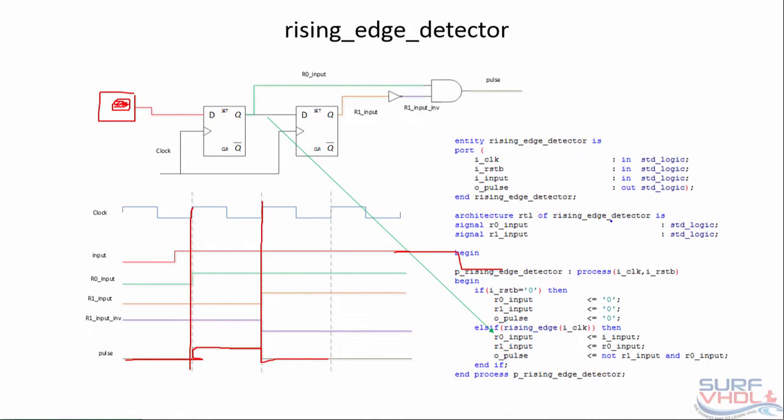And this is the VHDL implementation: R0, R1, and pulse. You should note that the output is the output of a flop. So here in the figure we have to draw a flop, and this is the output.